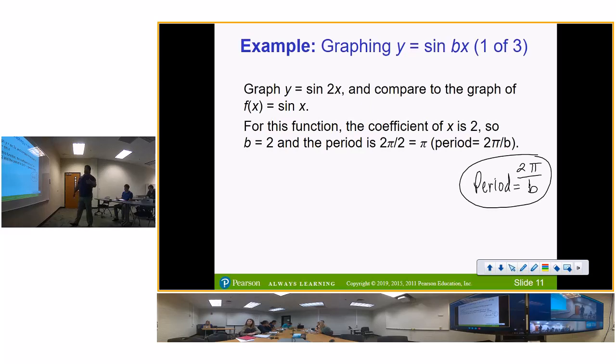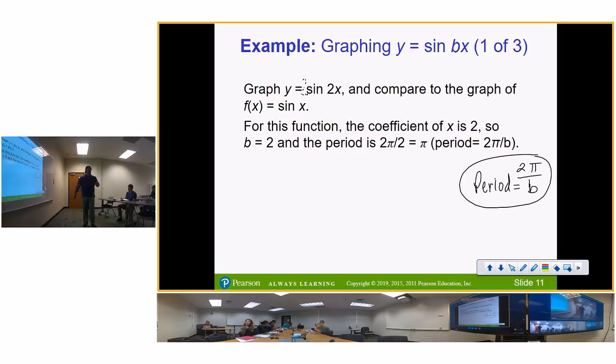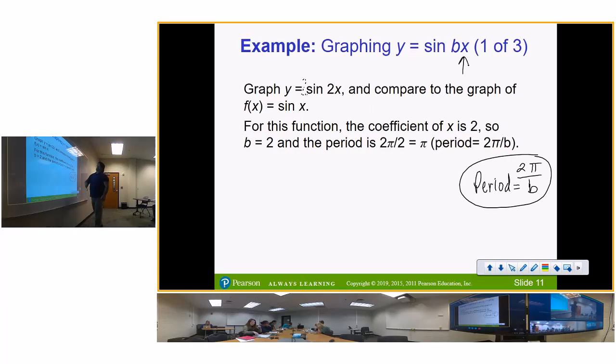Now, a while ago, this was 2. Is that B or A? That's A. We're talking about B now. B is going to be in front of your x.